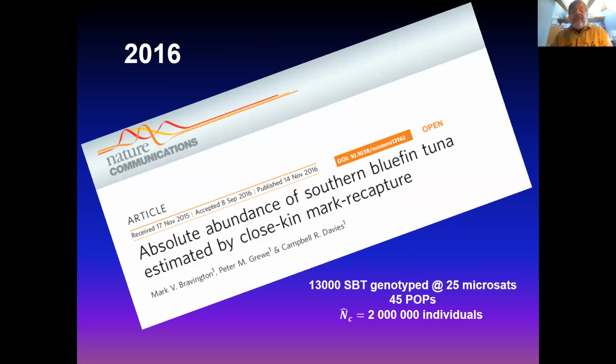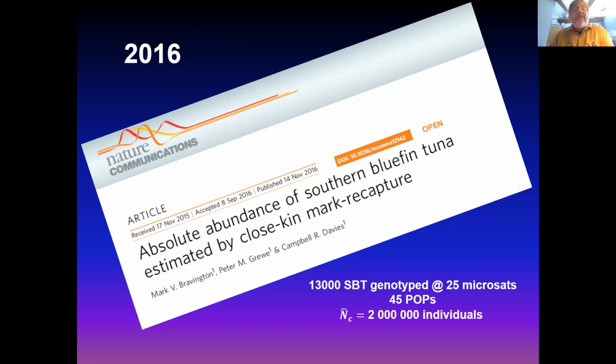And lo and behold, they genotyped 13,000 southern bluefin tuna at 25 microsatellite markers. And they identified in that sample 45 parent-offspring pairs. And that led to an estimate of 2 million individuals of southern bluefin tuna.